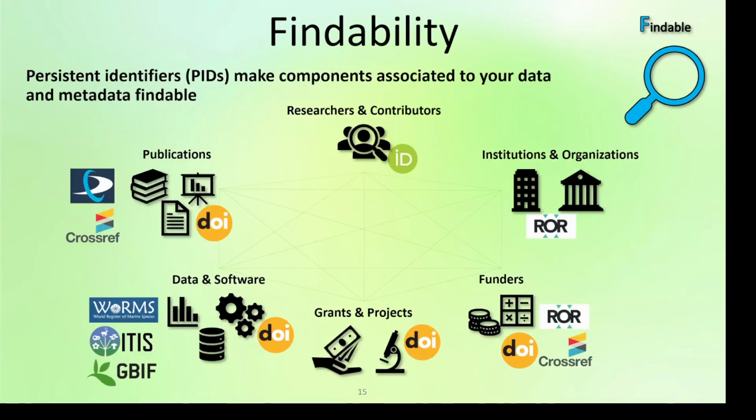And we use PIDs in data curation and data publishing in all the different aspects connected to your data. So if you think of the researcher doing the scientific work and all the contributors, you can add the ORCID ID to each individual researcher, and like this, the researcher is findable and the data is always referable to that specific individual.